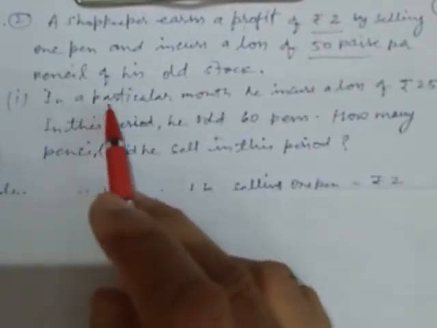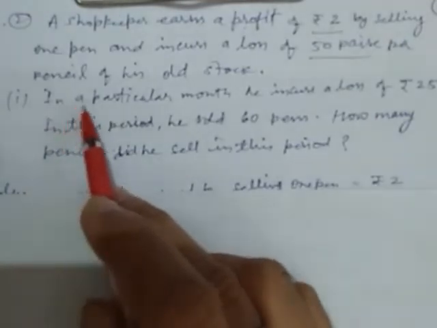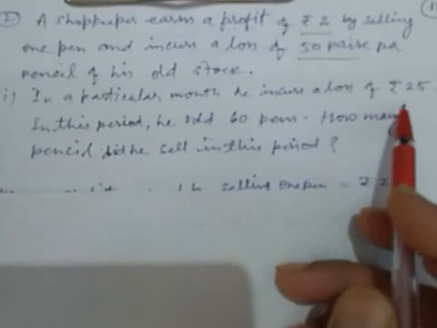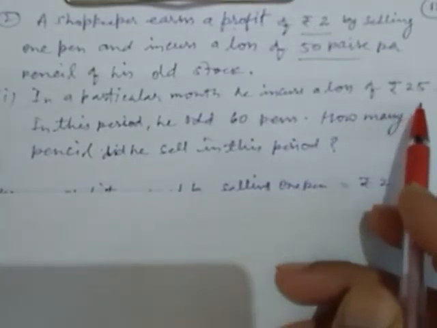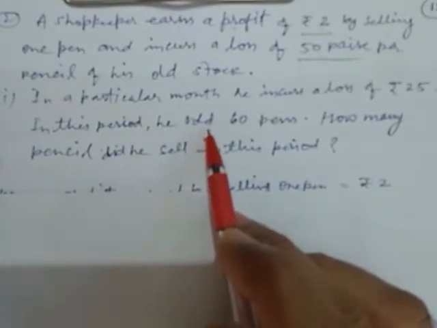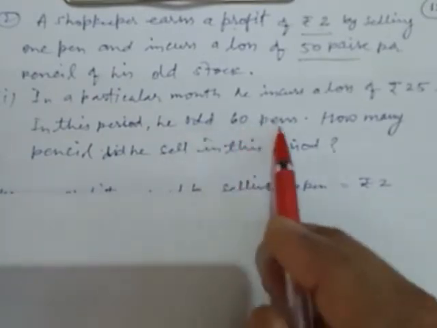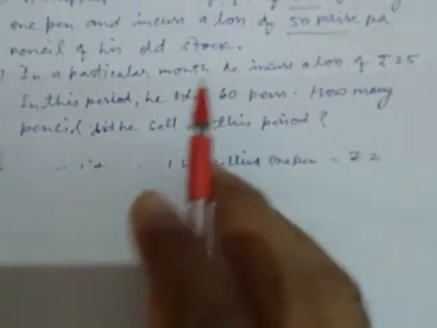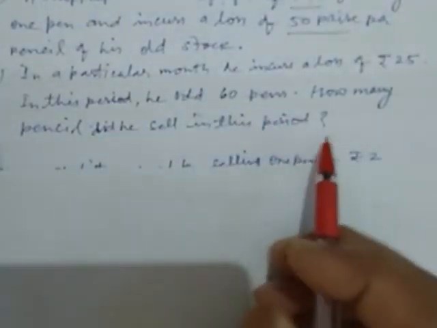Here we are given more information. In a particular month, he incurs a loss of ₹25. In this period, he sold 60 pens. How many pencils did he sell in this period? We have to find this.